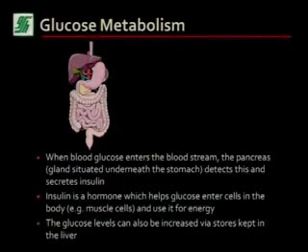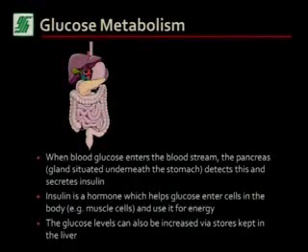So when the blood glucose enters the bloodstream, the pancreas, which is behind the stomach, so I brought it up, it's behind the stomach and it looks like that, detects this heightened glucose. This is nearly immediate, 5 to 10 minutes after the blood glucose enters the bloodstream, and the pancreas will then secrete insulin.